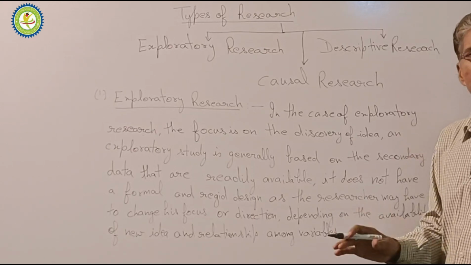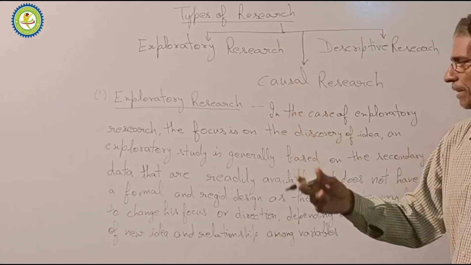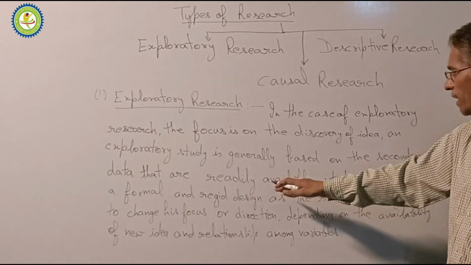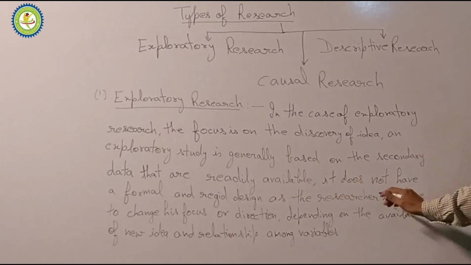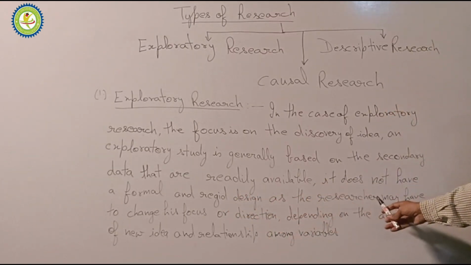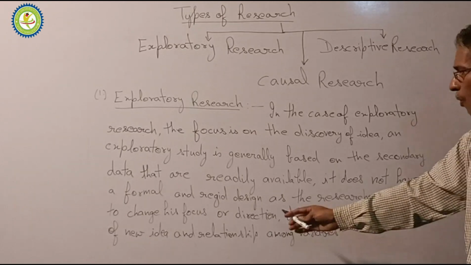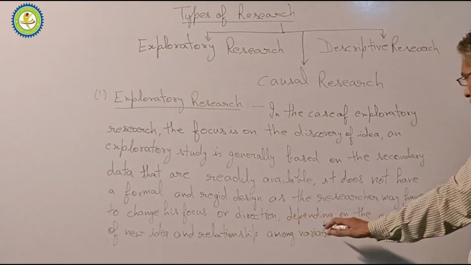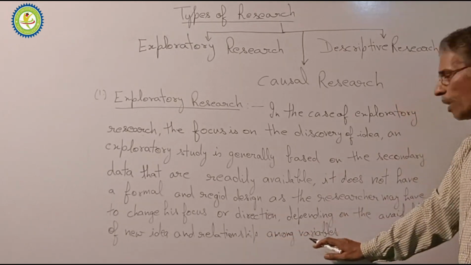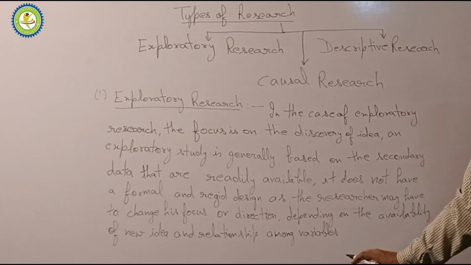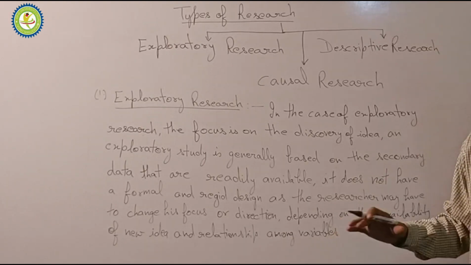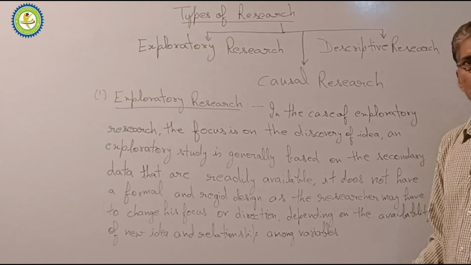He is using this data collected by someone else, based on the secondary data that are readily available. It doesn't have a formal and rigid design, as the researcher may have to change his focus or direction depending on the availability of new ideas and the relationship among variables. It studies the relationship among the variables also.